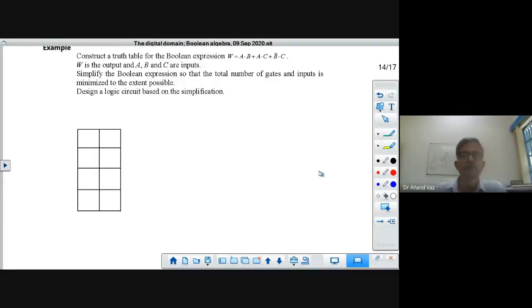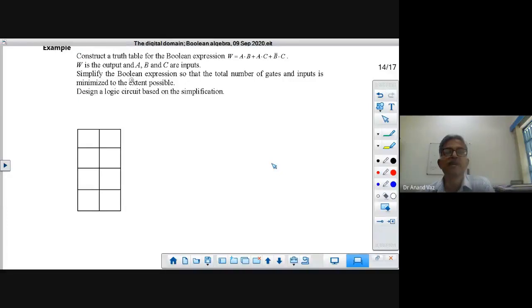For now, we will proceed with this example, which we have got here on the board. You can see that the problem is: construct a truth table for the Boolean expression W is equal to A and B, or A and C, or not B and C. W is the output and A, B and C are inputs.